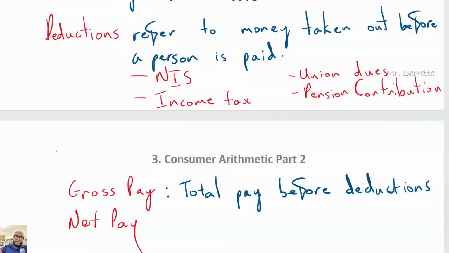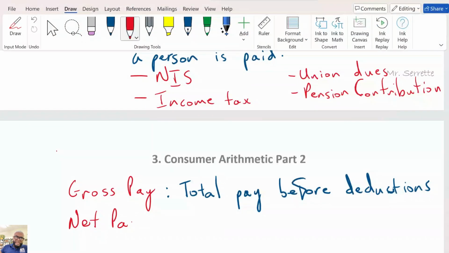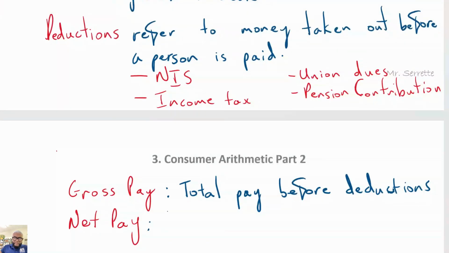Net pay would be your pay after deductions. Right?